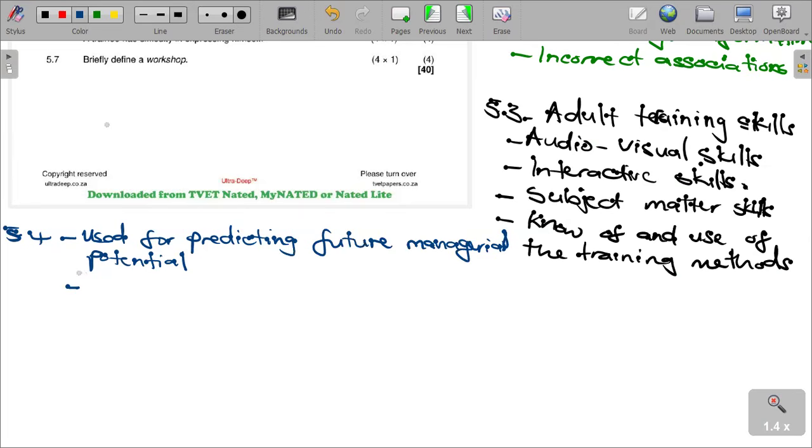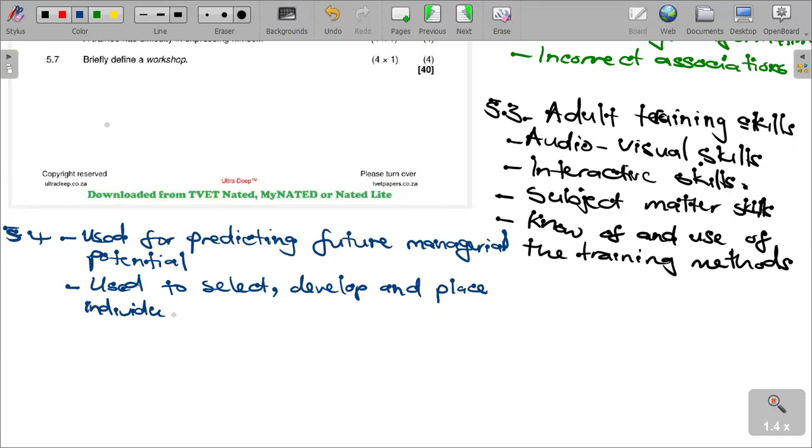And then it is also used to select, develop, and place individuals in management. It is used to select people who can be part of the management.